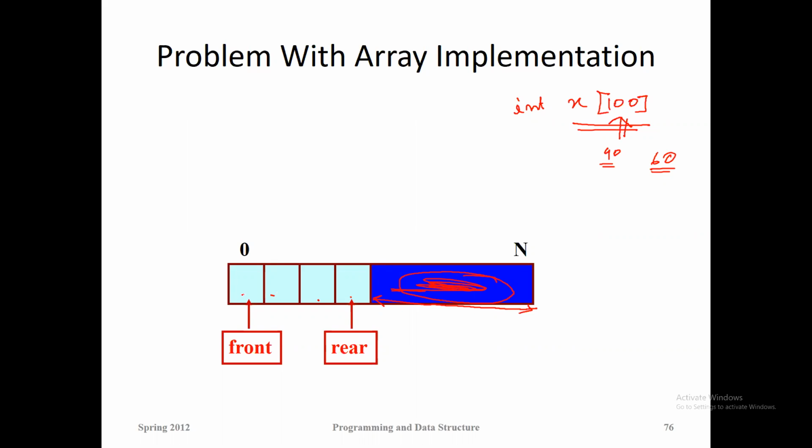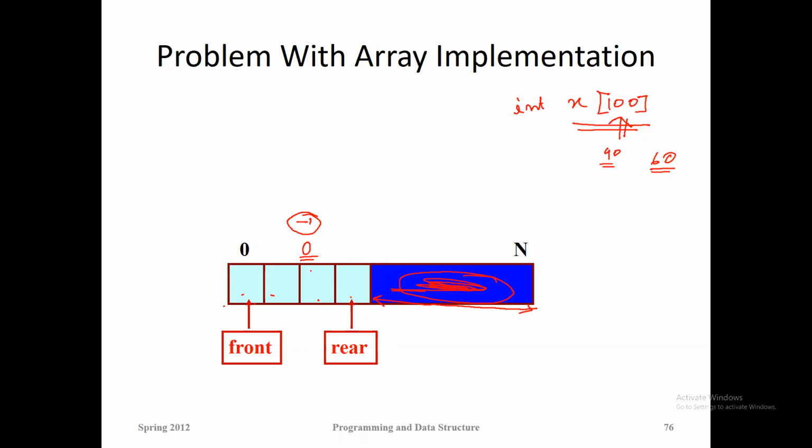So, as I said, at the beginning, your front and rear both you can assign as -1. That means there is no element. The moment there is the first element, the 0th element, we make the front and rear equal to 0.